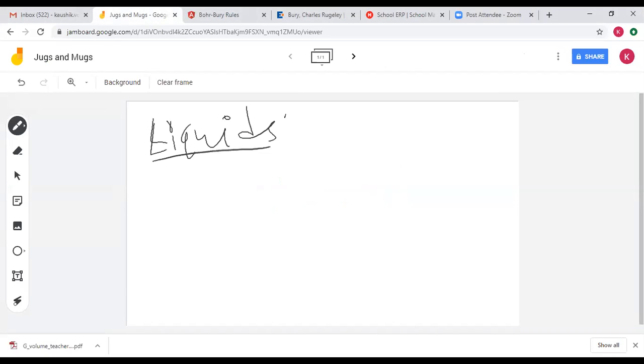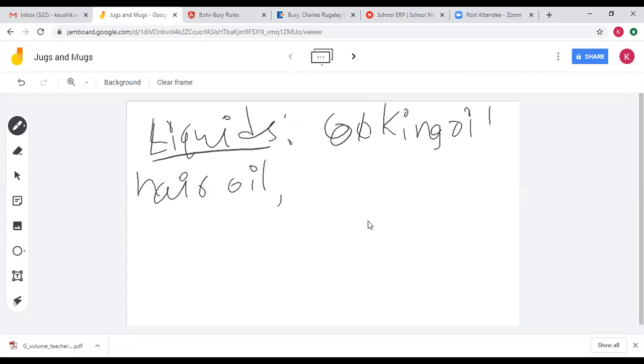Say for example, your cooking oil, hair oil, and everybody is having, especially in this season, cough. So in some cases the medicine is also liquid.